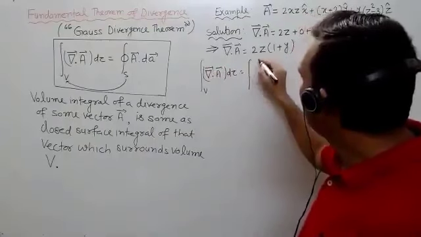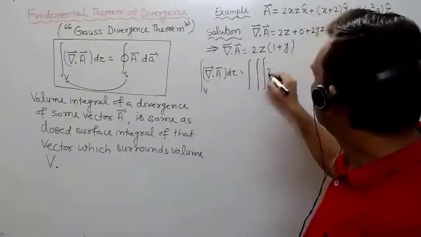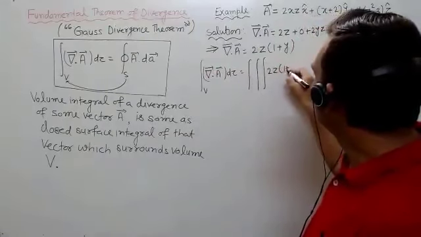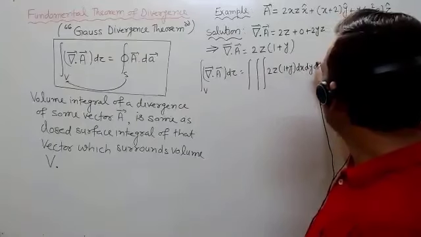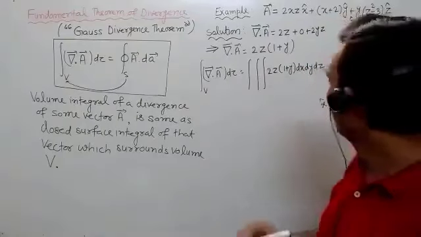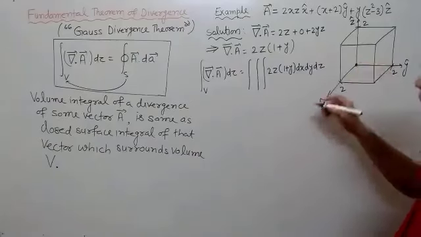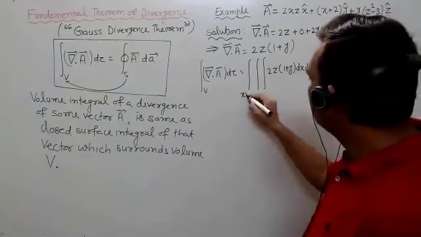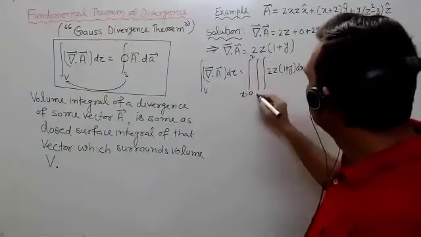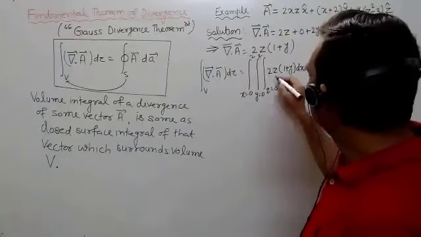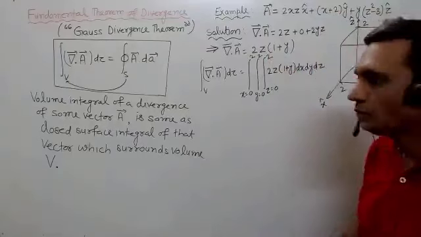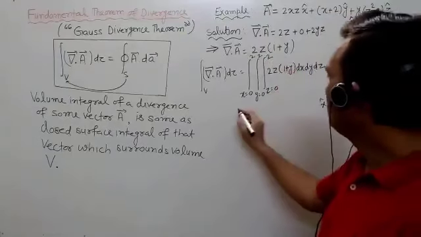So this will be triple integral twice Z into 1 plus y. And what is d tau? Dx, dy, dz. This is the origin. So x varies from 0 to 2, y also 0 to 2, and z 0 to 2.